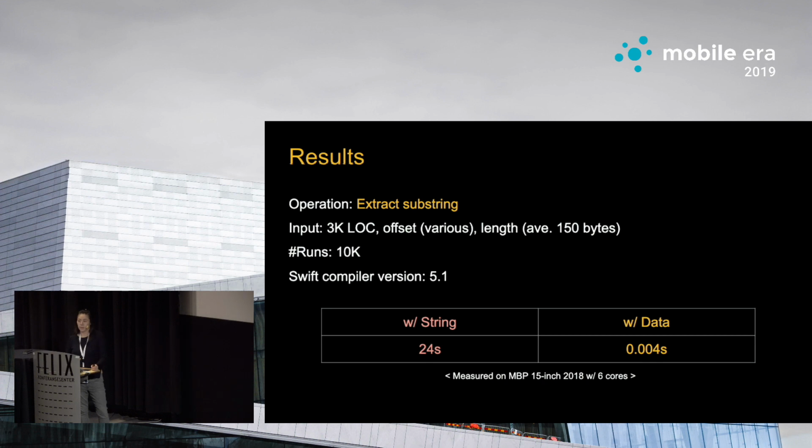The input was 3,000 lines of code with various offsets and lengths averaging 150 bytes. It was called about 10,000 times and run on the latest Swift compiler. This simulates the actual environment using one of our tools. And as you can see, the one using Data was significantly faster.